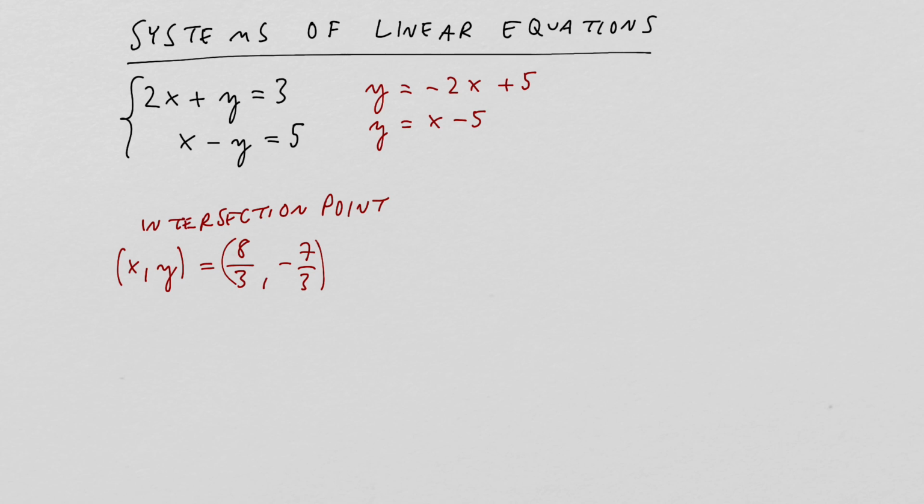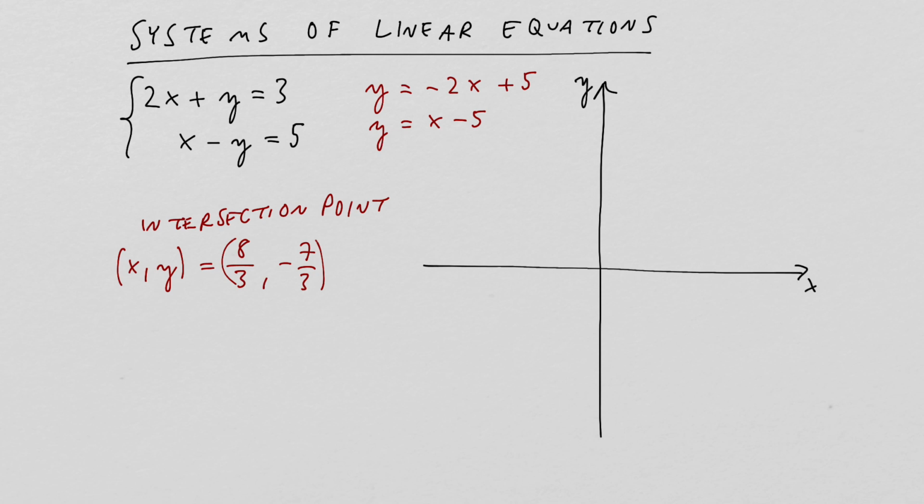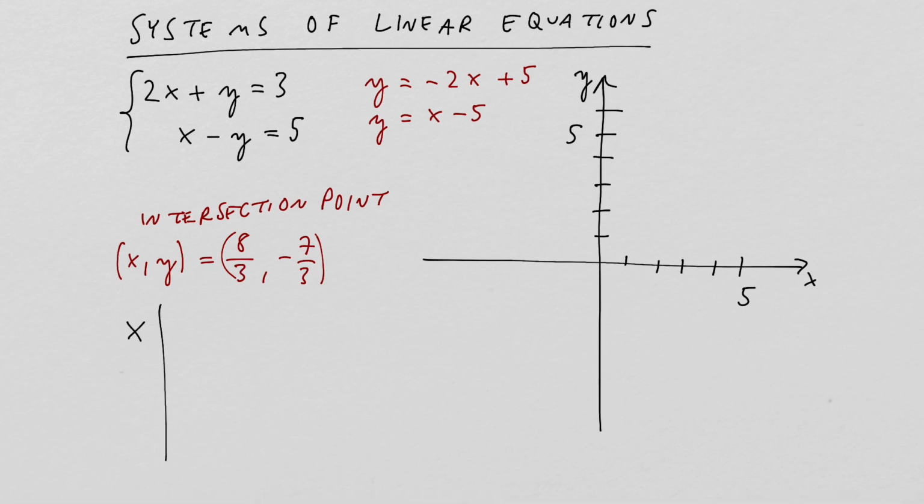We want to draw a picture, so let's draw the y-axis and the x-axis and some values on the axes. Like this. And perhaps we can make a table. If x is equal to 0, we get that y is equal to 5.